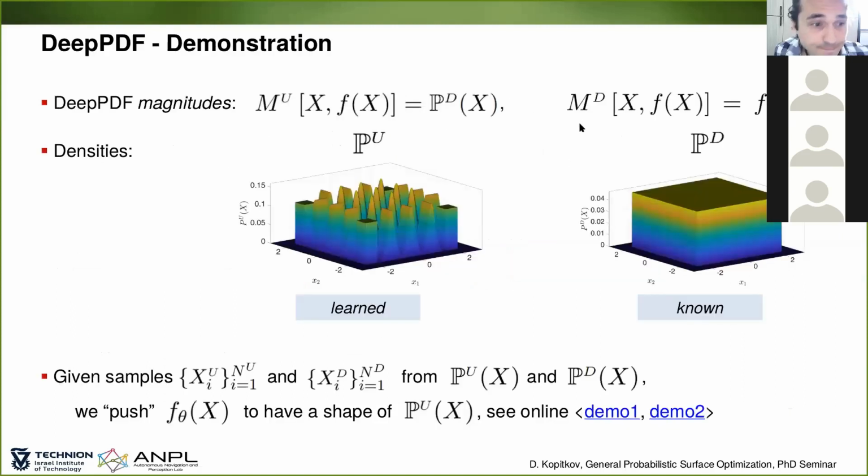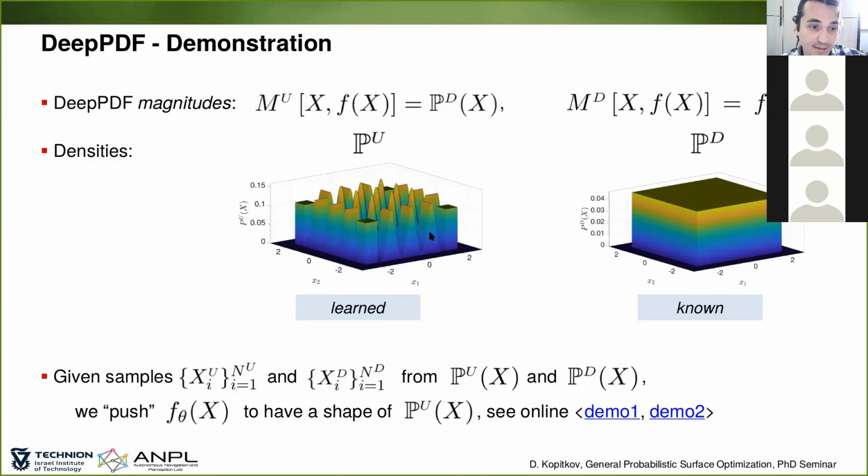Okay. So next, let's see the demonstration of this framework for these particular magnitude functions. Again, we will learn PU from its samples, and PD is just an auxiliary distribution. PD in this example will be a uniform distribution over some two-dimensional support.